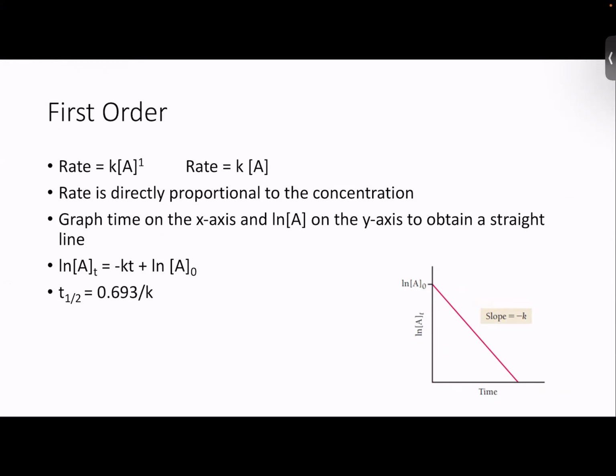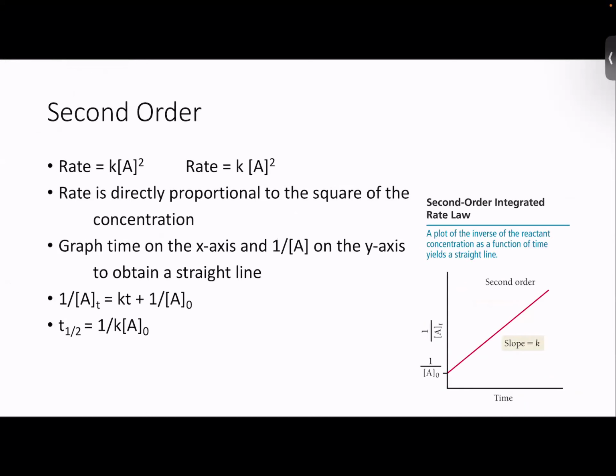Finally, second order. You have your equation that shows that it is second order with respect to that particular substance. You will notice that since K is a constant, that means that the rate is directly proportional to the square of the concentration.